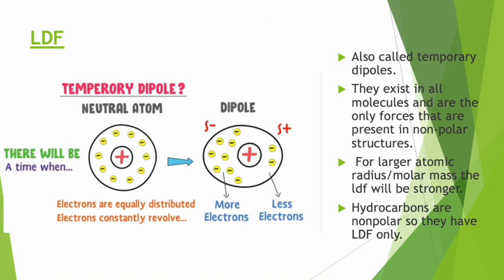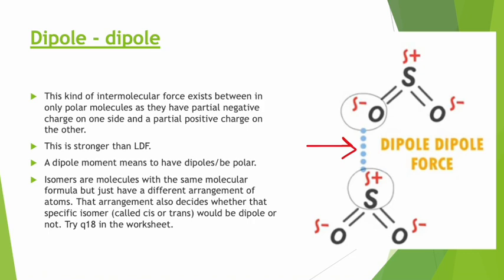So I can interpret from this data that iodine is taking a lot more temperature, a lot more energy, to turn from a liquid to a gas. This would be your summary, kind of.